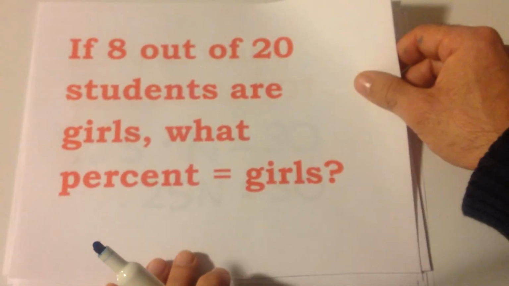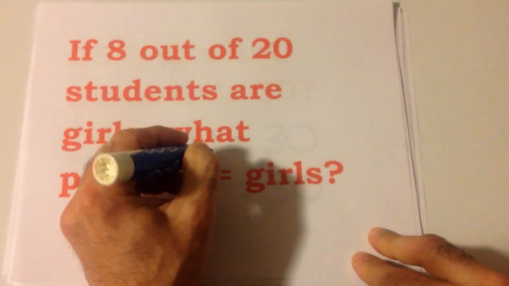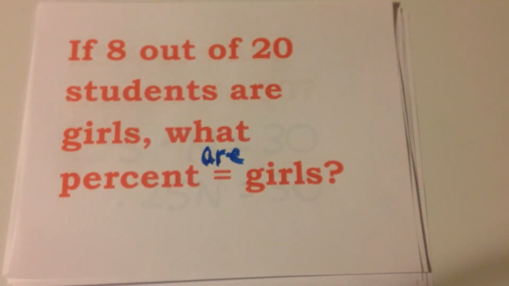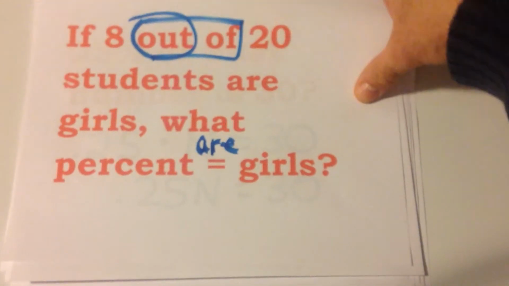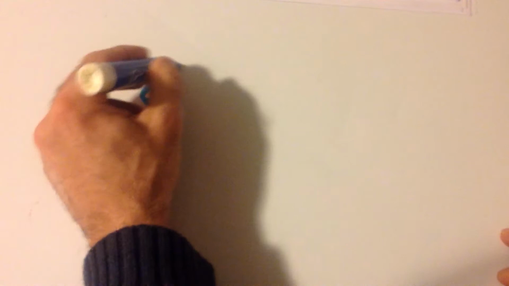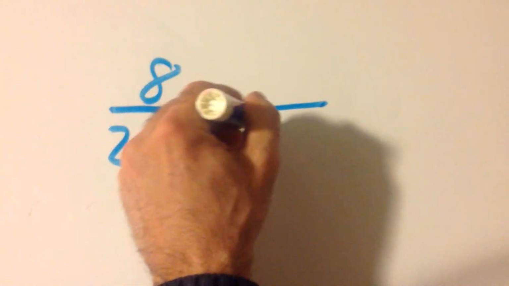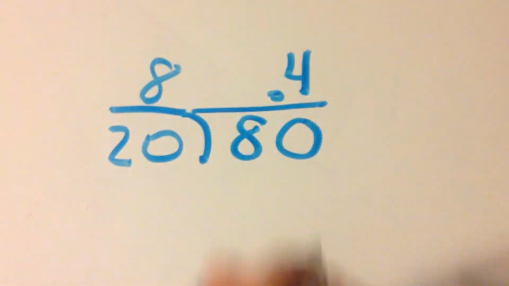Let's try this question. If 8 out of 20 students are girls, what percent are girls? "Are" also means equal. Anytime you see "out of," it is just a division. 8 out of 20, just divide it out. 8 goes in the box, 20 goes in the house. 20 goes into 8 0.4 times, so you have 0.4.